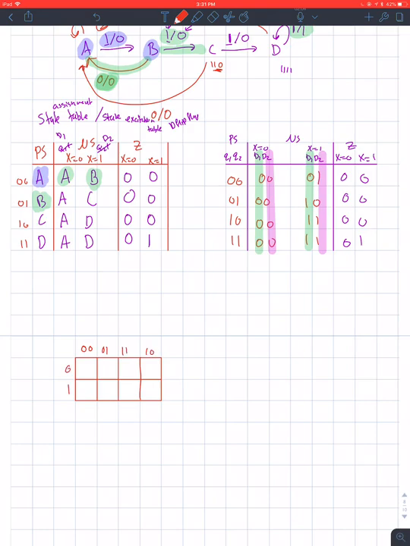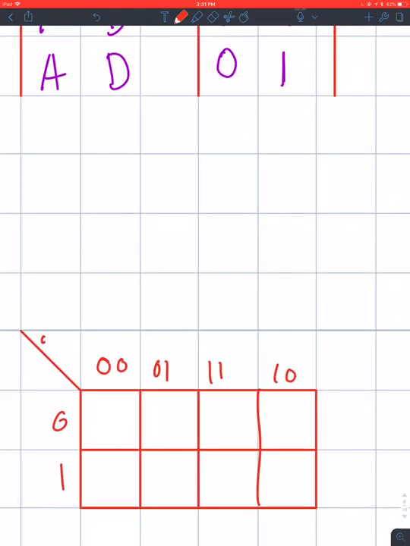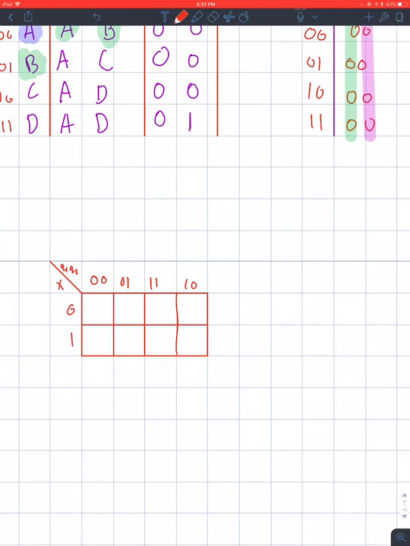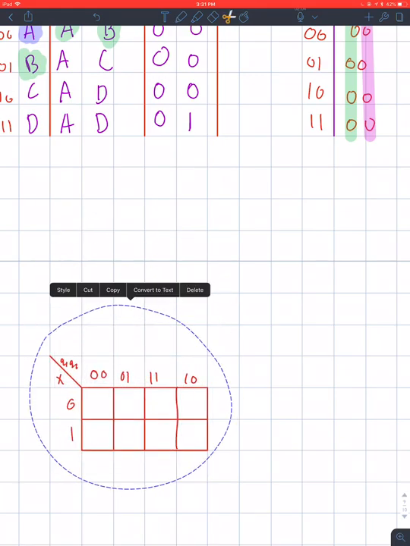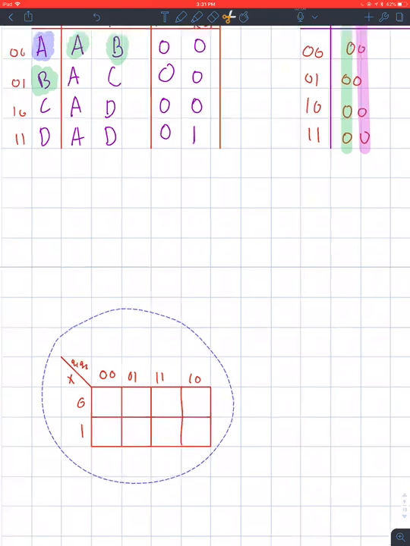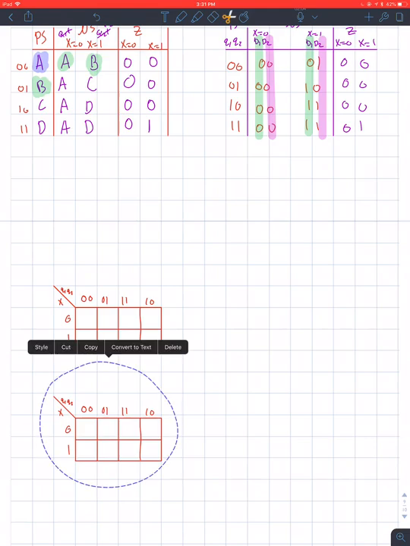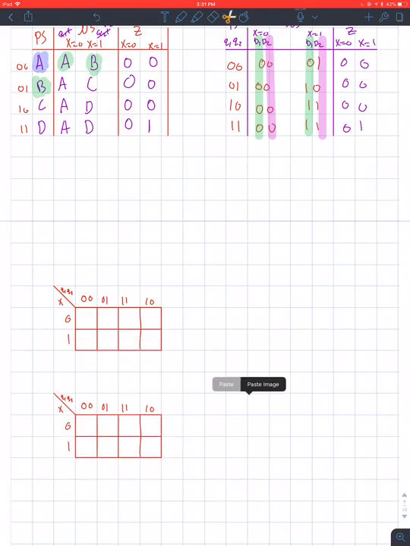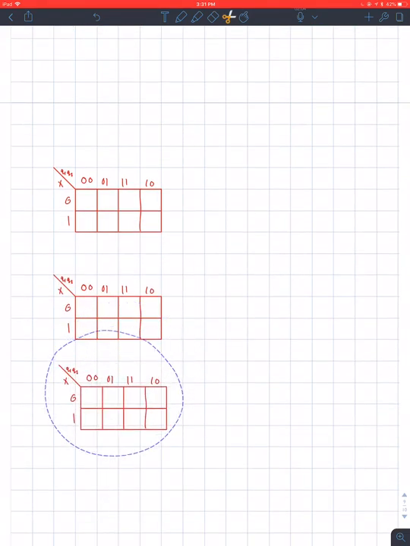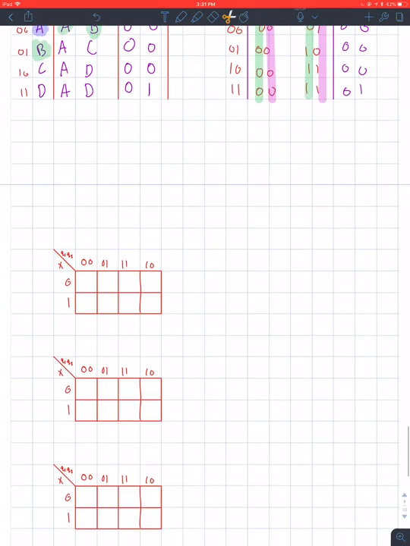So 0, 0, 0, 1, 1, 1, 1, 0, 0, 1. This is going to be for Q1, Q2, and X. I'm going to paste this 3 times because I have 2 D flip-flop equations I need to look for, and then I have my output equation I need to find as well.